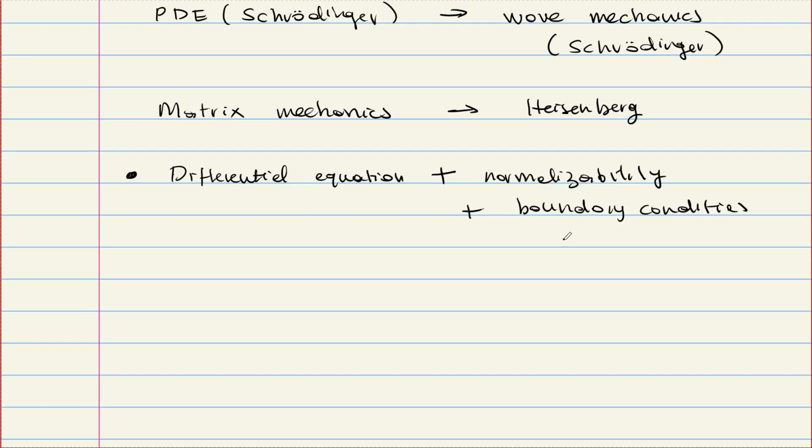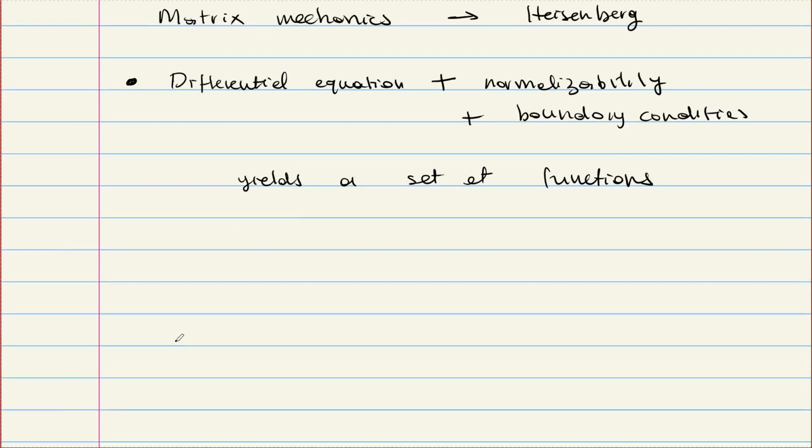If you impose all of these things, you find a set of functions. These functions are kind of like vectors, like the three-dimensional vectors we are familiar with, x, y, z in the Cartesian coordinates. But the space is not a vector space like that, it's a different kind of vector space. That space is what we show with H, the Hilbert space.